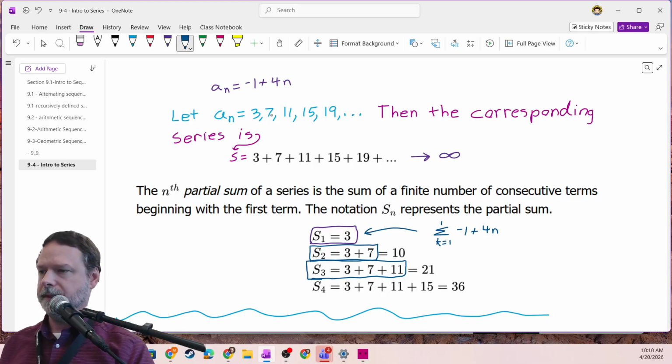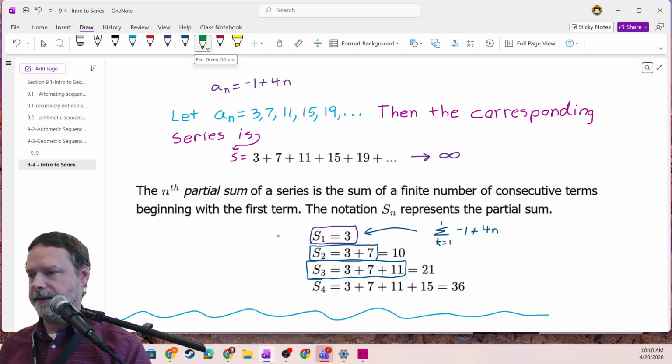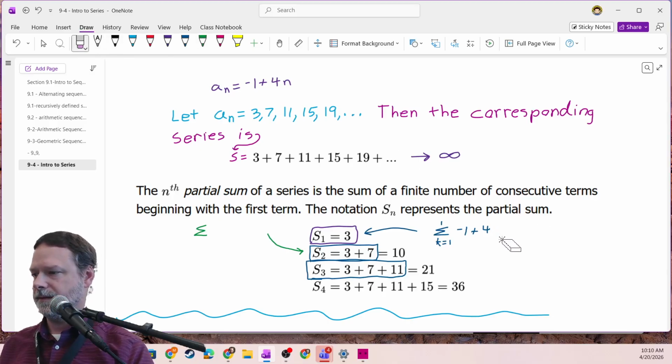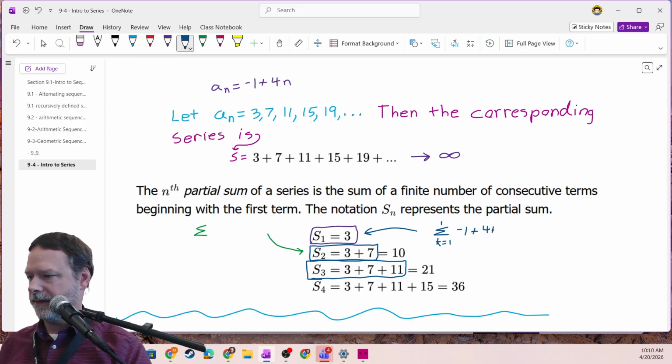That's it. We could rewrite the next one as the sum. Actually, no, I need to replace my n with k over here. I apologize. This would have to be k.